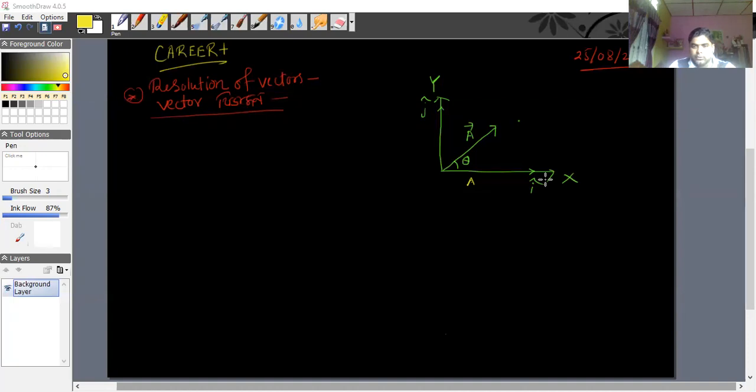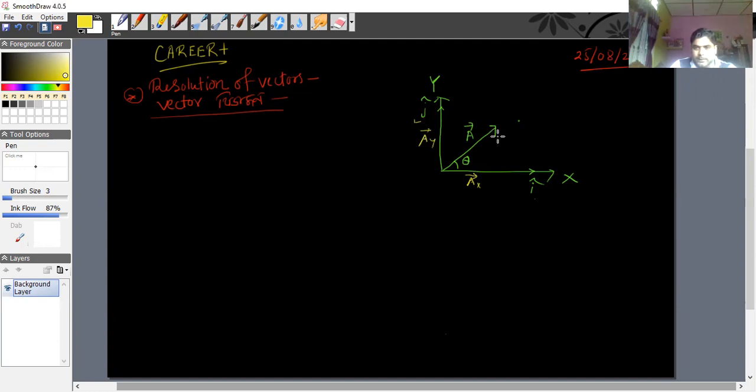We will determine two components of vector A, one along the x-axis and one along the y-axis. We know that the unit vector along the x-axis is i cap and along the y-axis is j cap. Say AX is the component of A along the x-axis and AY is the component of A along the y-axis.